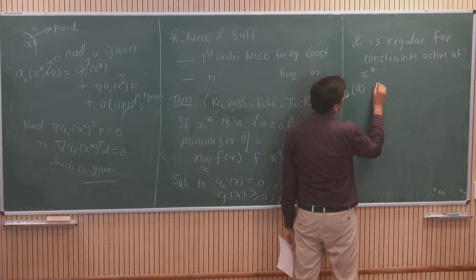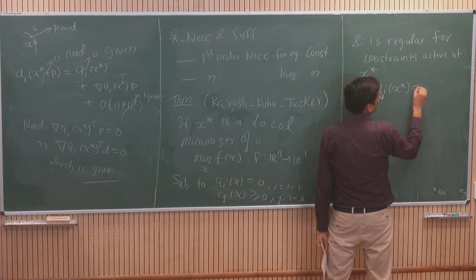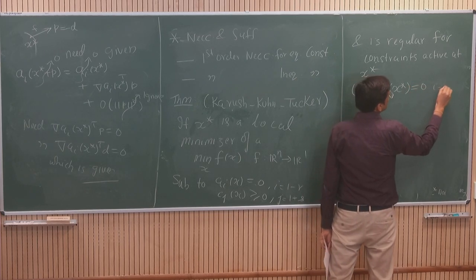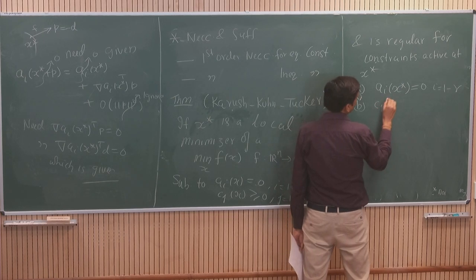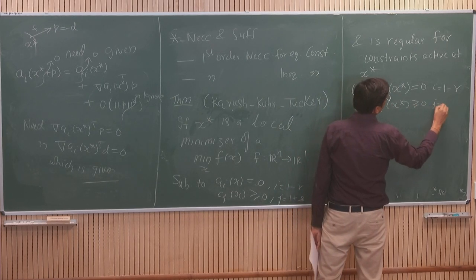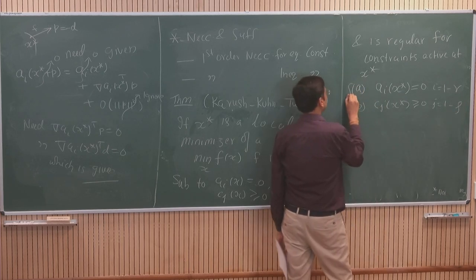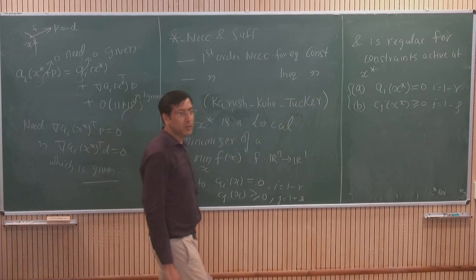The very first thing which should be true is ai of x star equals 0; it should be a feasible point, right? And cj of x star should be greater than or equal to 0, j going from 1 through s. This is obvious. If it is not a feasible point, why study it?